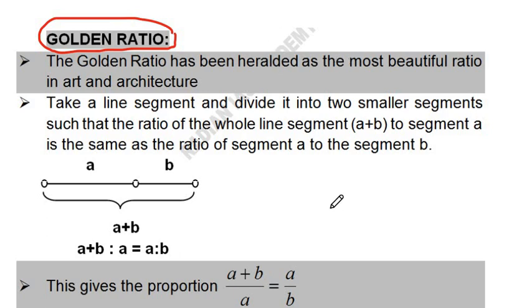Now just note down, what is the golden ratio? The value is approximately 1.6. So in the next class I will explain the golden ratio. You will be stunned on hearing this.